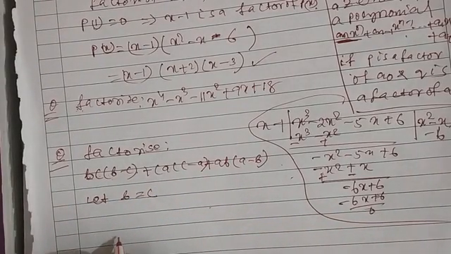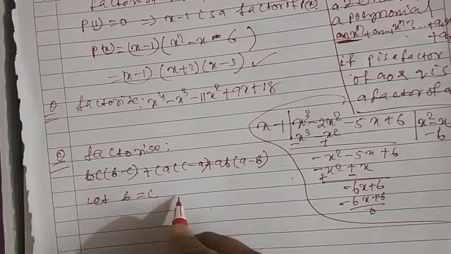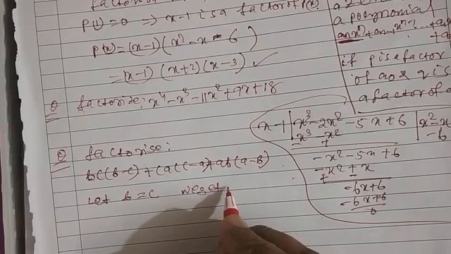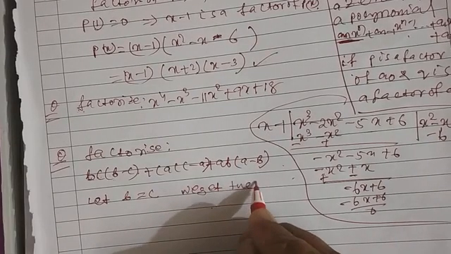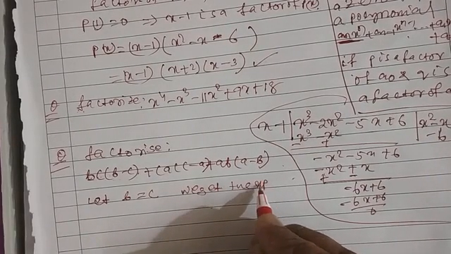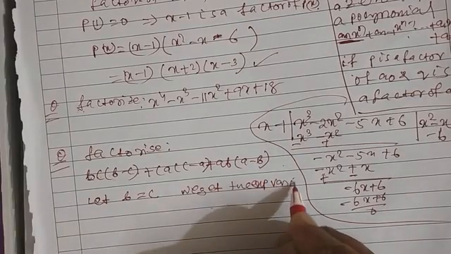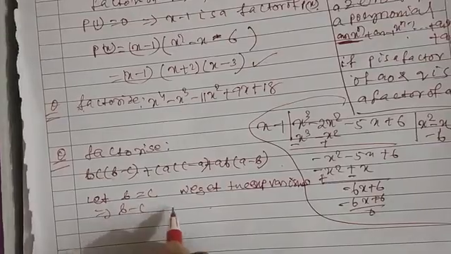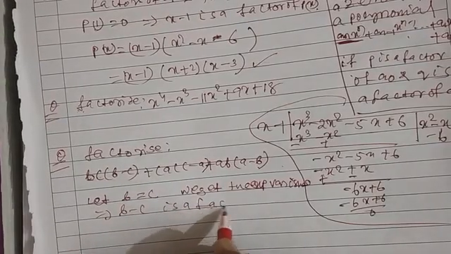Replace b by c. What are you getting? We get 0. The expression vanishes. So b minus c is a factor.